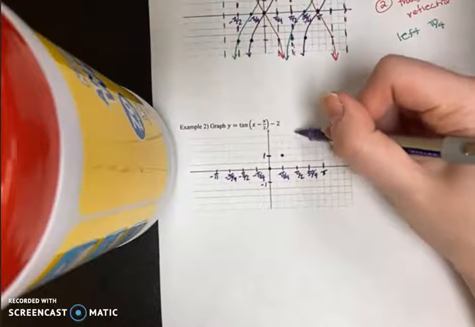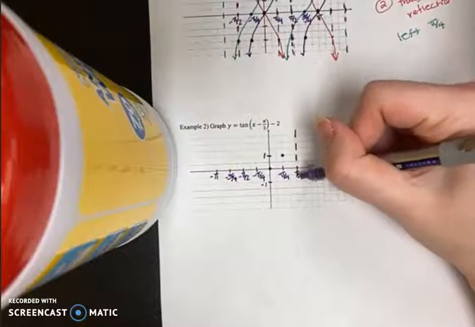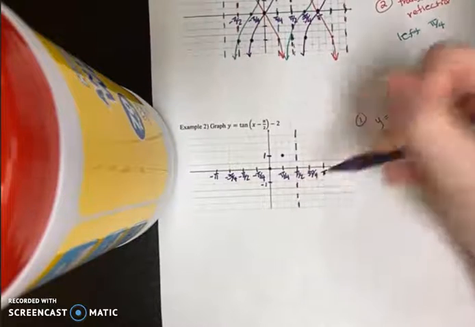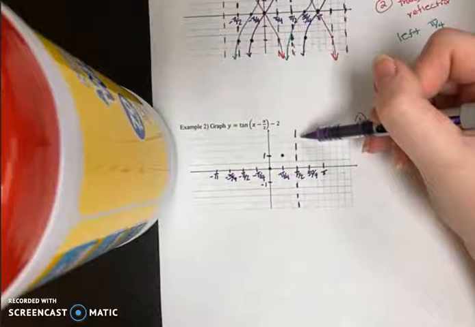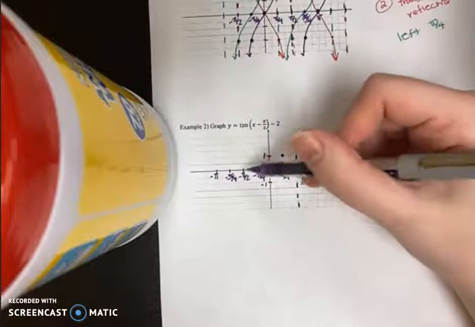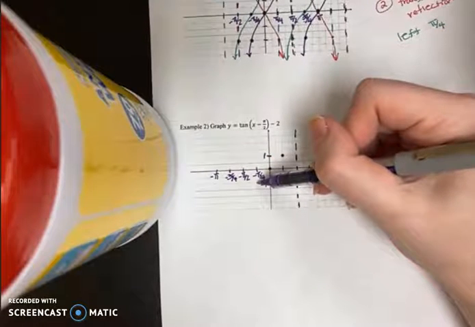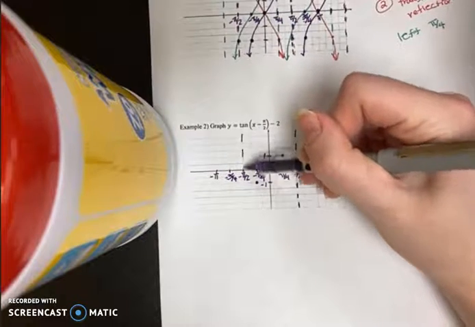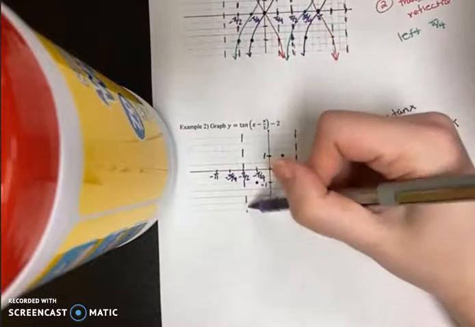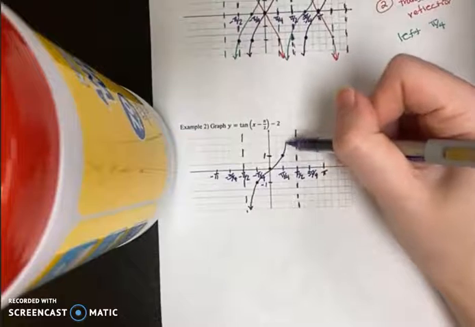And then the second tally mark would be where the asymptote falls. Again, I'm just following the pattern: x-intercept, coordinate, asymptote. And then on the left-hand side, I have my x-intercept, coordinate, but this time I'm going down whatever A was, and then asymptote. So you should have something that looks like this.